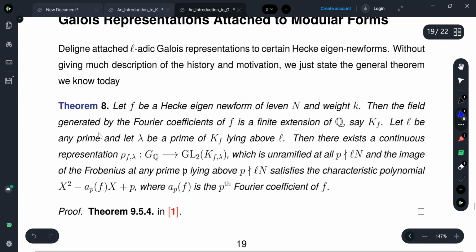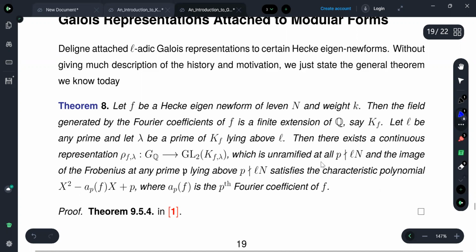Then we know that the field generated by all the Fourier coefficients of f is a finite extension of Q, and we call this field K_f, and let L be any prime, and let lambda be a prime of K_f lying above L. So then there exists a continuous representation, which is dependent on f and the prime we choose above L, lambda, representation of G_Q inside GL2 of K_f,lambda, which is the completion of K_f at the prime lambda.